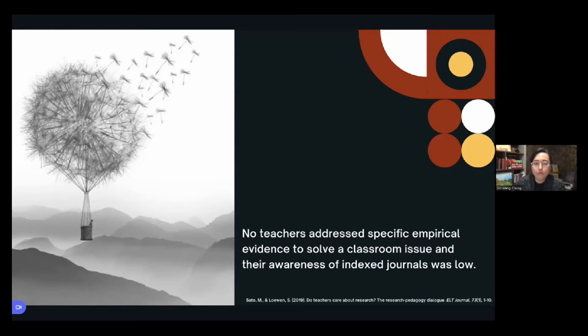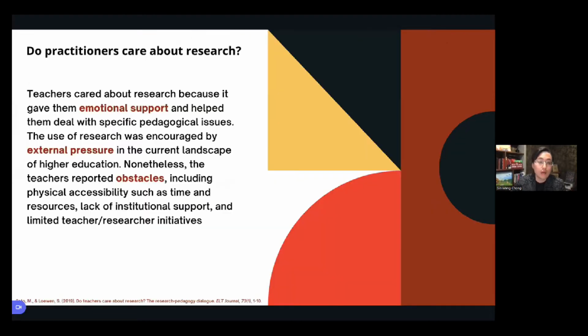And also, teachers don't really have a good understanding of the journal system. So what are good journals, for example? What are the right places to look for high quality research? So this is the perspective of language teachers towards research.